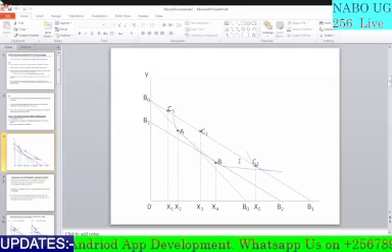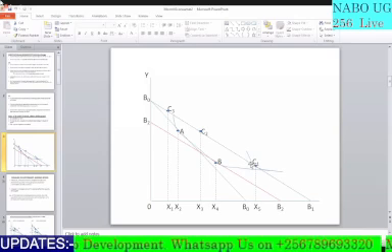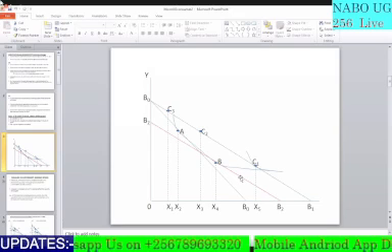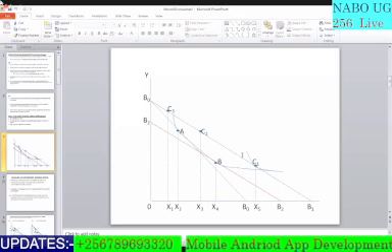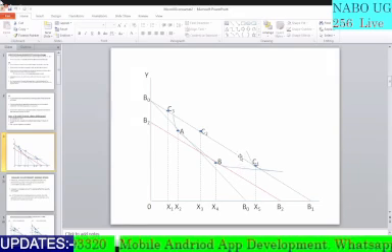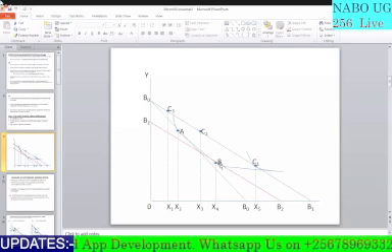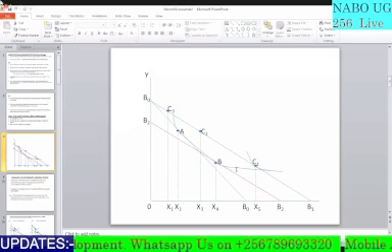Graphically, you shift the budget line to show that the income is taken away. The budget line will shift downwards until it is tangent to the original indifference curve.